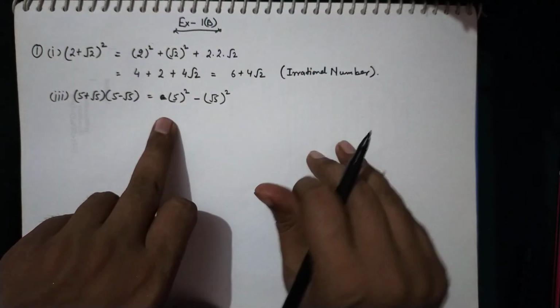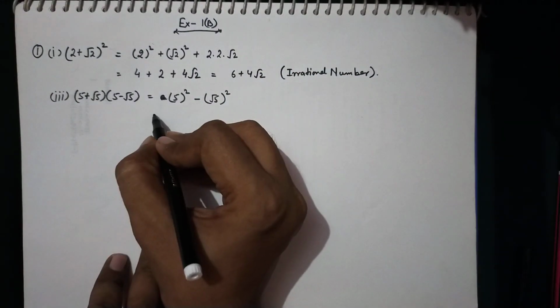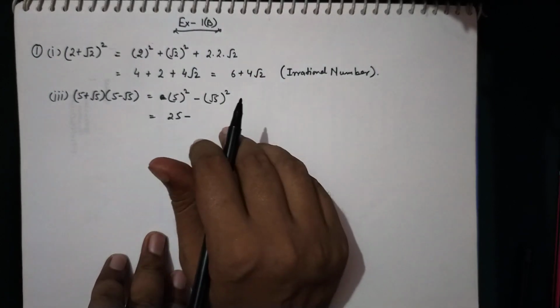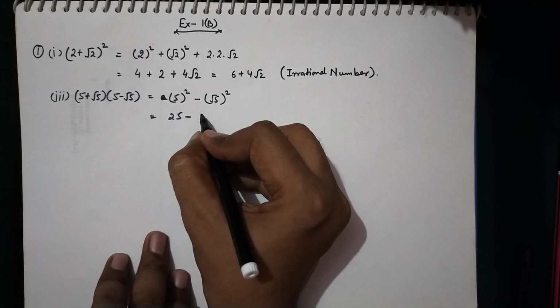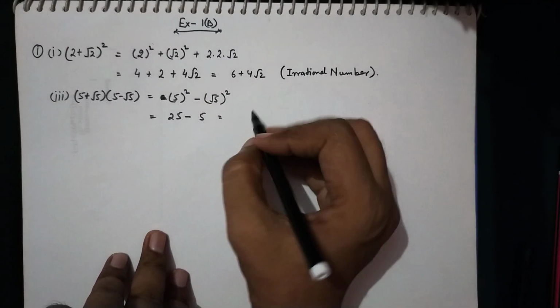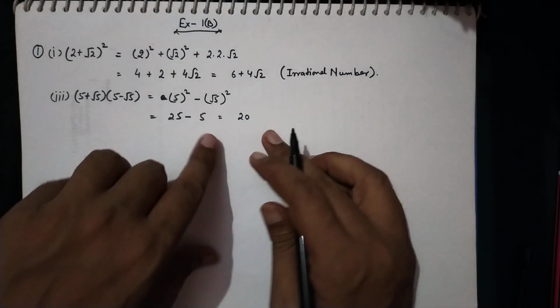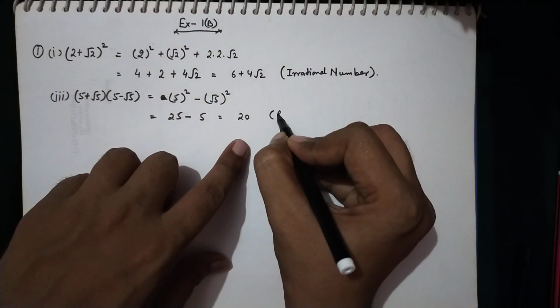Now 5 square will be 25 and root 5 square will be 5, and 25 minus 5 will be 20. So here comes a rational number, so this is a rational number.